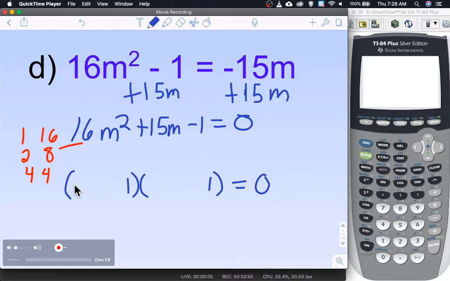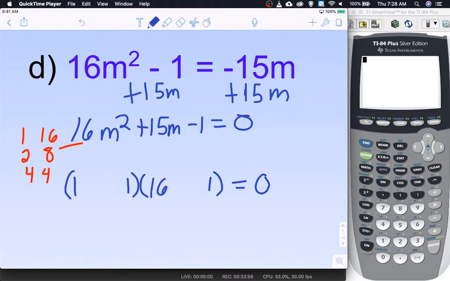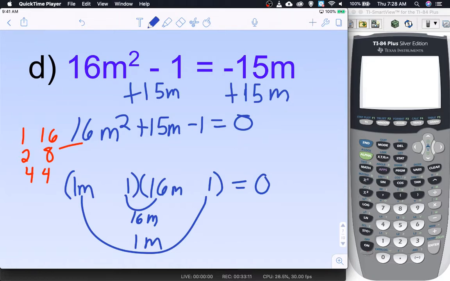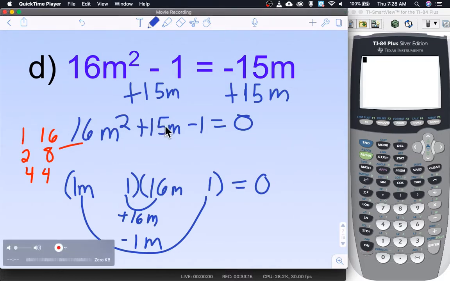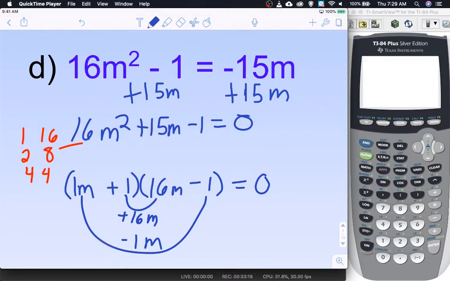If I plug in an 8 and a 2, 8m and 2m is not a 15. But if I plug in the 1 and the 16, 16m and 1m could give us a 15. If that one was a positive and that one was a negative, because we need this to be a positive 15. So this one's the positive and this one's the negative.